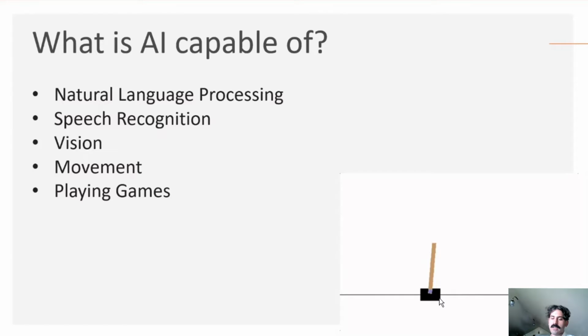The aim of the game is to hold the stick above the cart, and the cart's only able to move left or right. Using reinforcement learning, you're able to teach the cart how to make sure the pole stays above for the longest time.